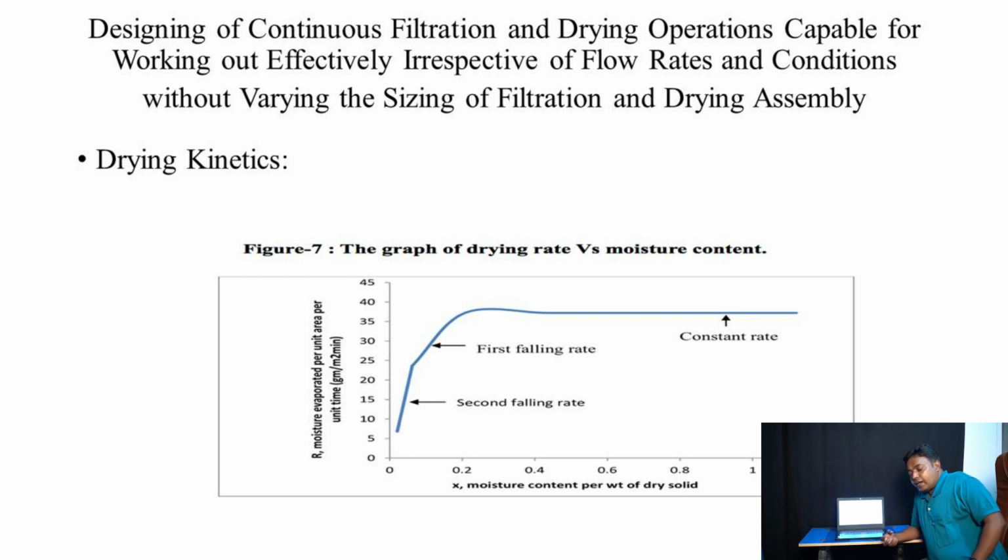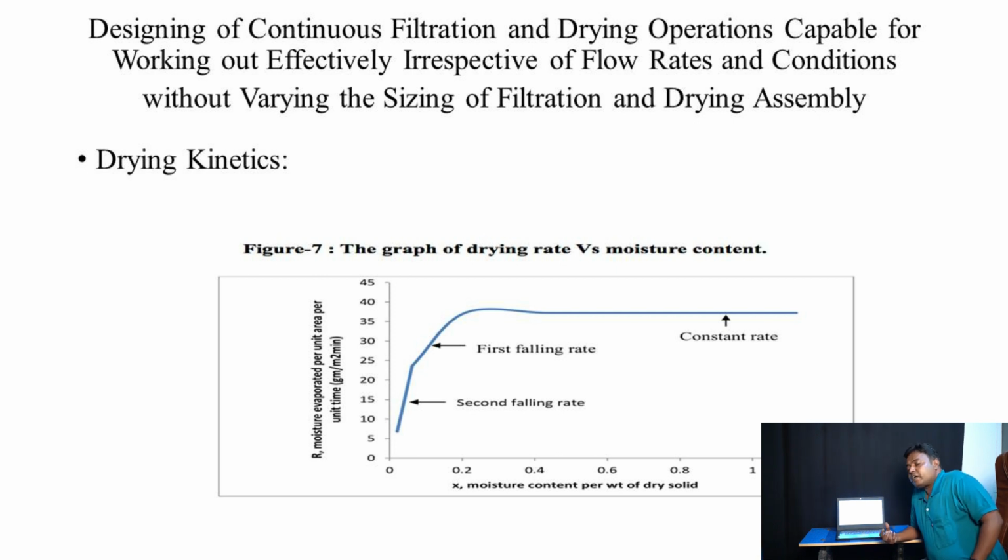Once the rate of releasing the moisture from the bulk of the solid to the surface drops below the rate of evaporation of the moisture from the solid surface, then the drying rate falls down. The moisture content at which the drying rate falls down is called the critical moisture content.